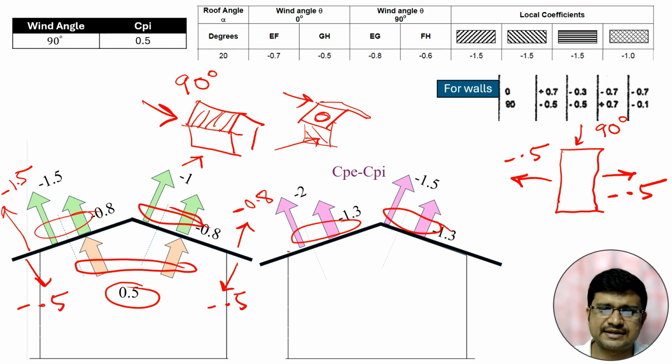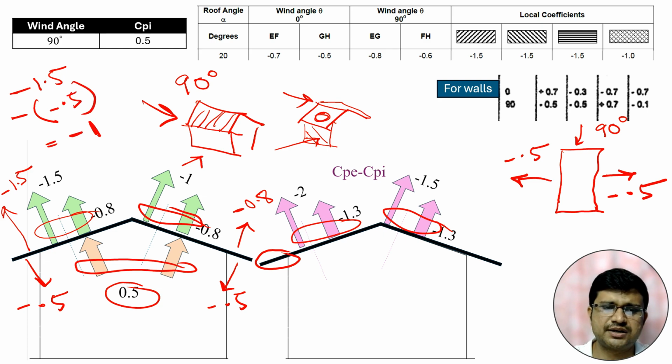So how much will the resultant be for this portion? For this portion the resultant will be minus 1.5 minus minus 0.5, so it will be minus 1, because minus 1.5 is acting outward, upward, and minus 0.5 is acting downward, inclined but downward. So both are acting in two different directions, and the resultant will be minus 1. And how much will it be for this portion?